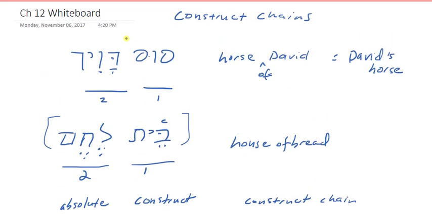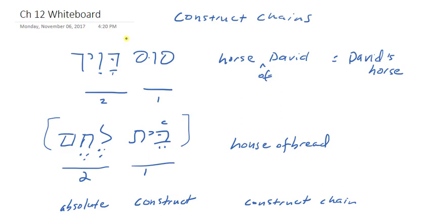Over here, if I have Sus David, I need to keep those together. They're a construct chain. And I could say something like, Sus David is really handsome. The horse of David is handsome. Or I love Sus David, which means I love the horse of David. But I'm not going to stick the horse one place in my translation and stick David somewhere else. They need to hang together in your translation. Okay?